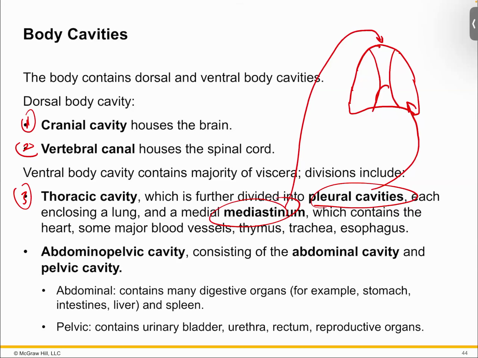And the lower portion of that is going to be your pericardial cavity, where your heart is. Up here, this is where your esophagus and your trachea are, in the upper mediastinum. And then below your thoracic cavity is your abdominal cavity.